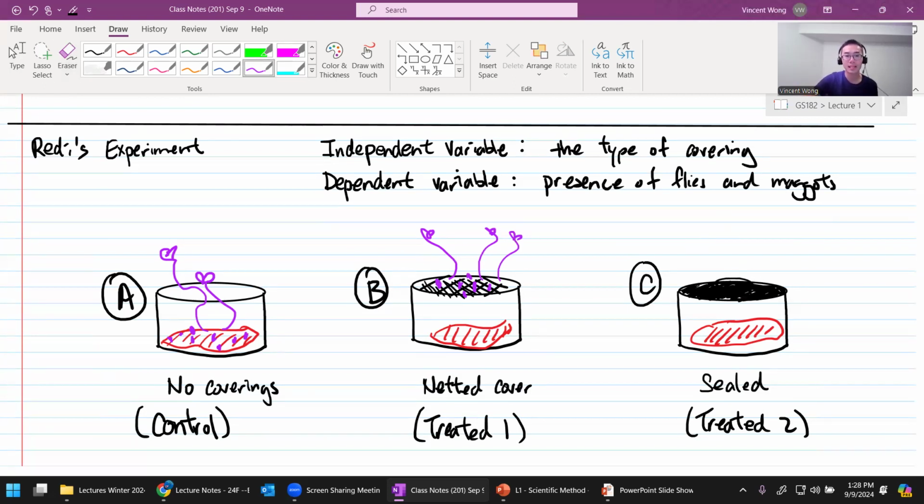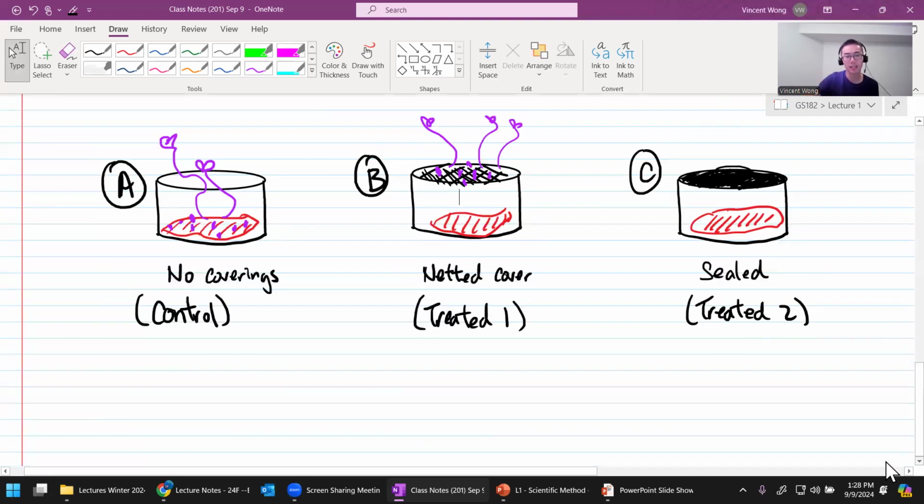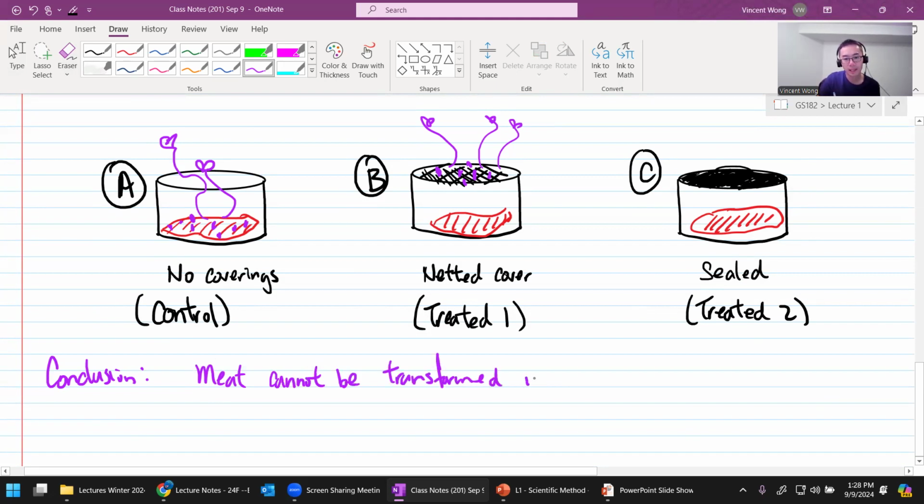So based on this result, he accepted his hypothesis. He concluded that only flies can make flies. Or you can say he concluded that meat cannot be transformed into flies.